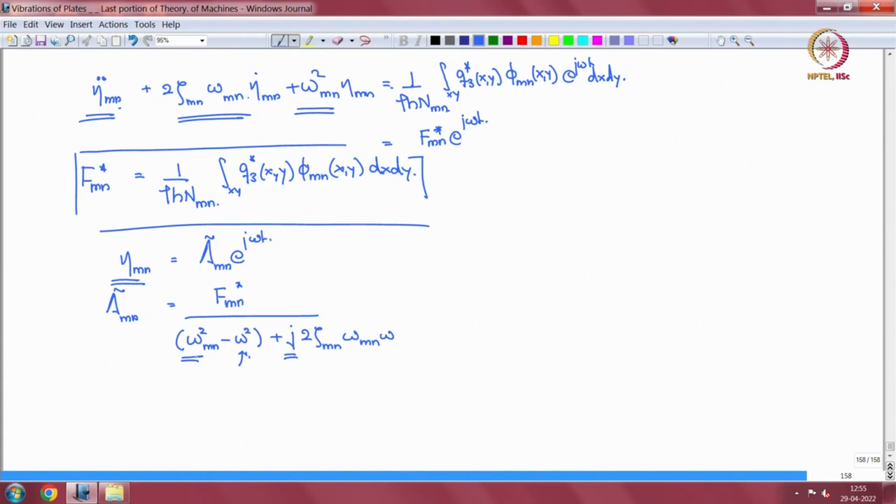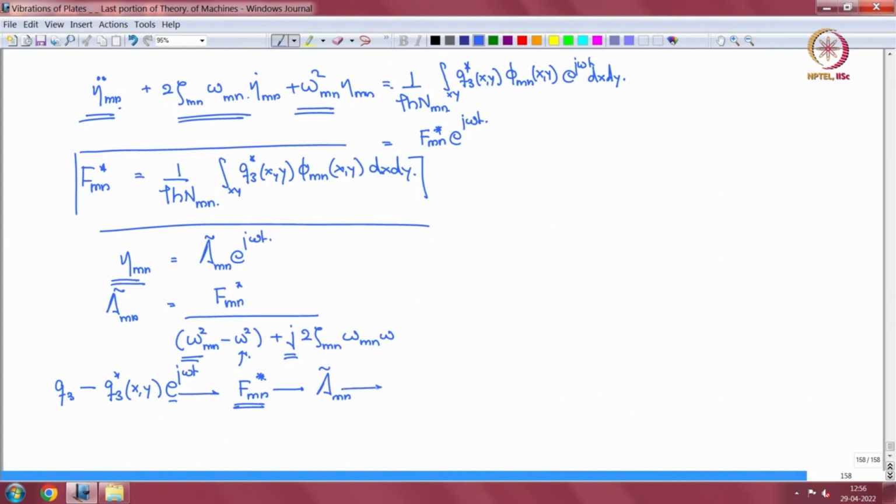So what is the deal now? If we know Q3, which is in terms of Q3 star x comma y e to the power j omega t, the harmonic force, then I can know my Fmn star. If I know Fmn star, I can know gamma mn tilde.